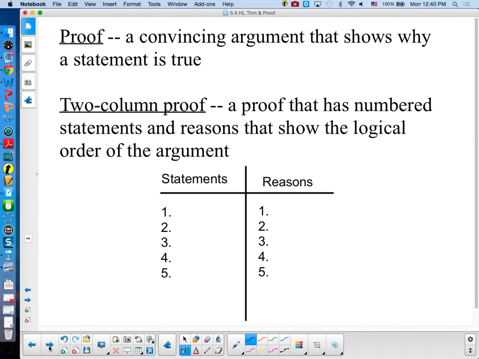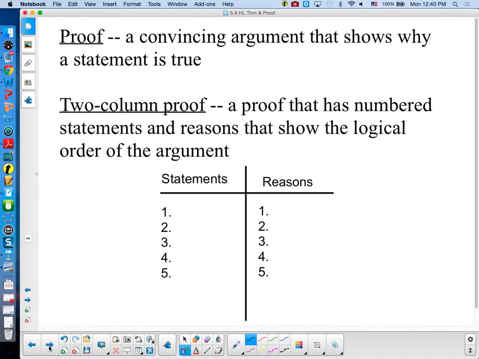All right, we're going to take a look at what a proof is today. A proof is a convincing argument that shows why a statement is true. We've been talking about why the triangles are congruent. We're just going to write it down today in a certain form, what's called a two-column proof form.